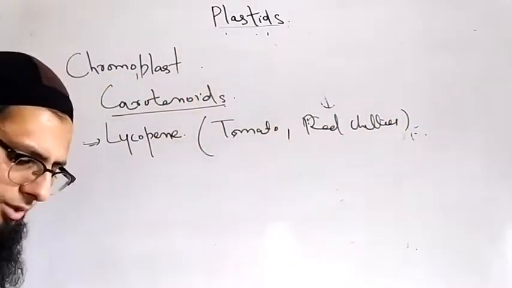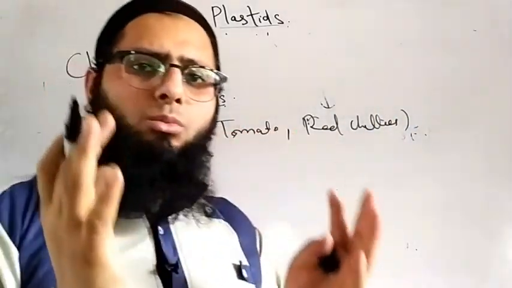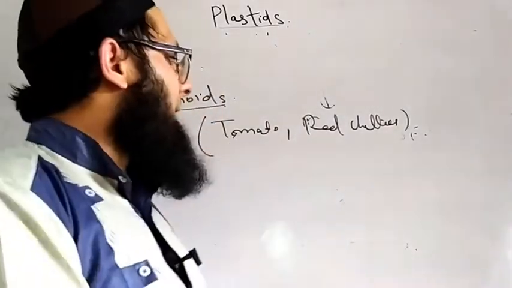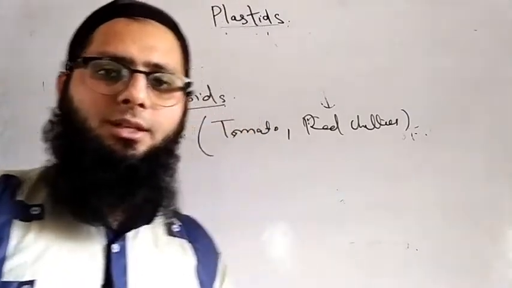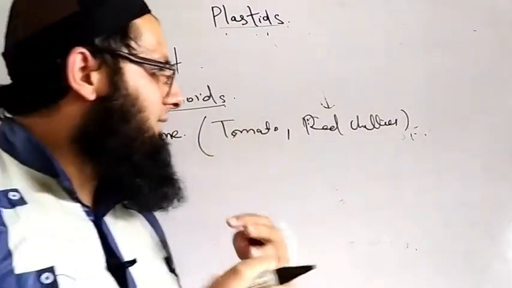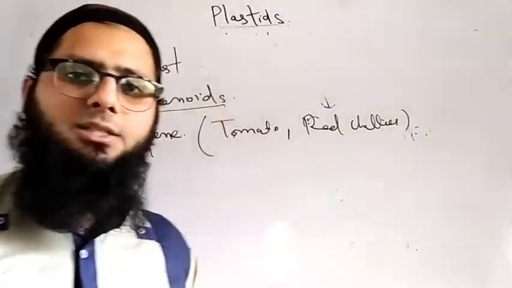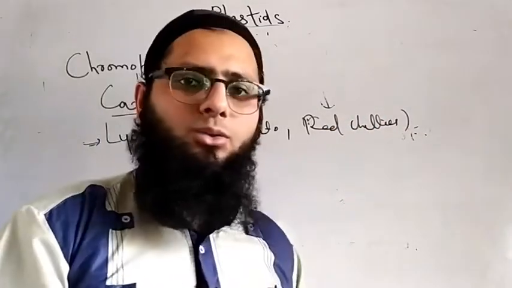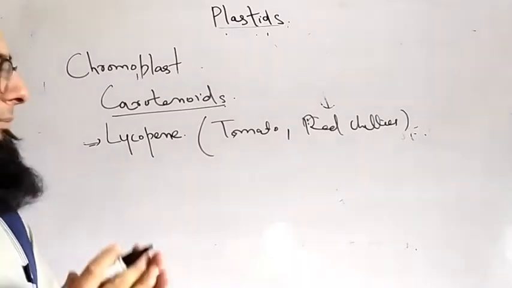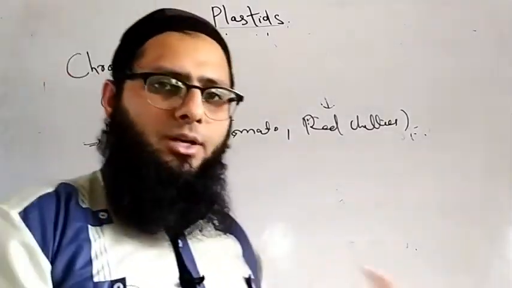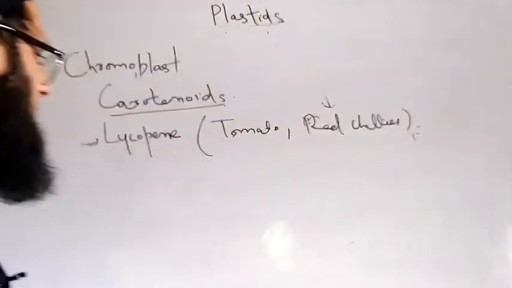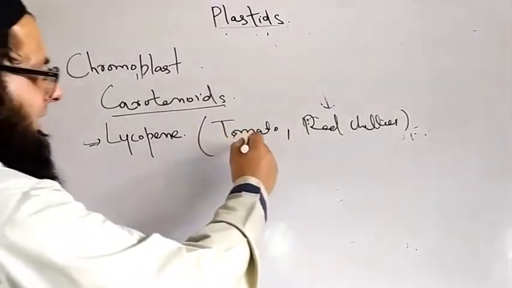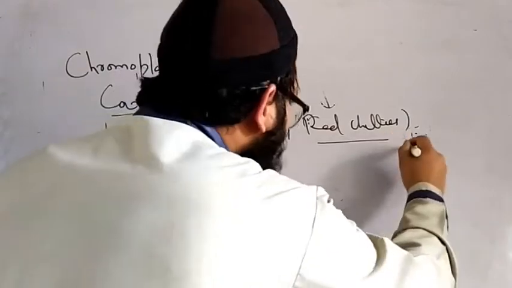So what happened during ripening? The chloroplast is converted into the chromoplast. That's why you see when the chili is at the initial stage, it is green, then it is converted into the red chili. Similarly, we have the tomato. It will appear green to you, and after some time it will be converted into the red tomato. So it's actually the lycopene present over there which is imparting red color to the tomato and red chilies.